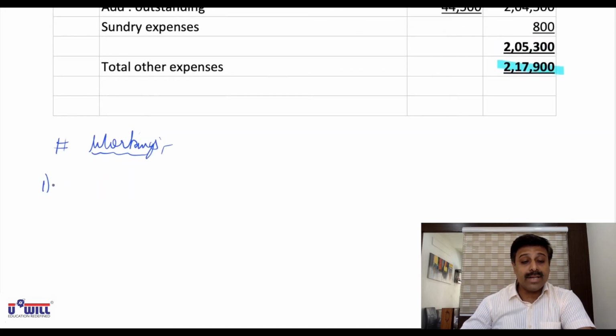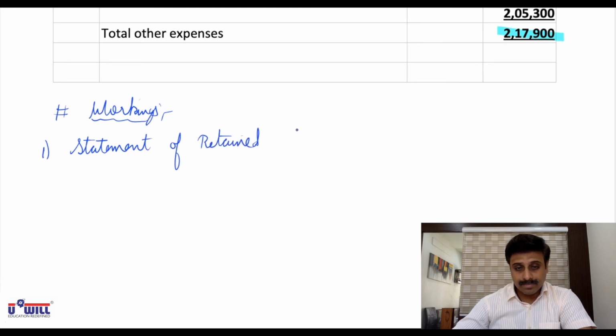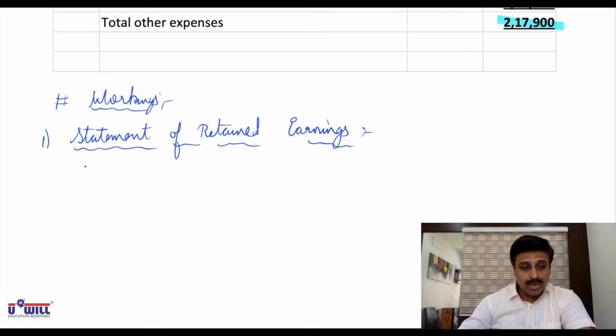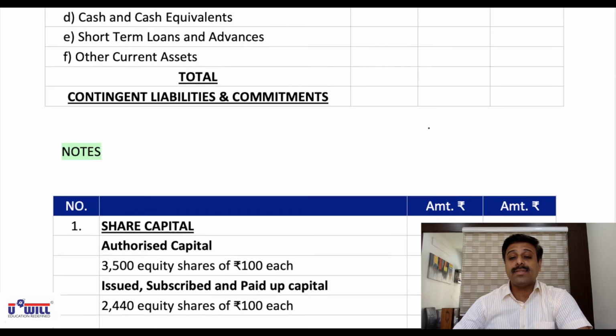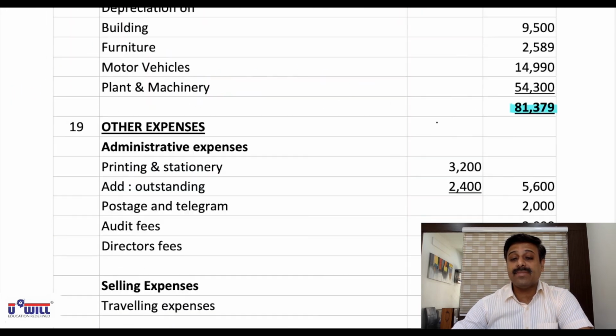Working note 1 of statement of retained earnings. We'll start with the opening balance of profit and loss account, that you'll find in the trial balance: 142,367.